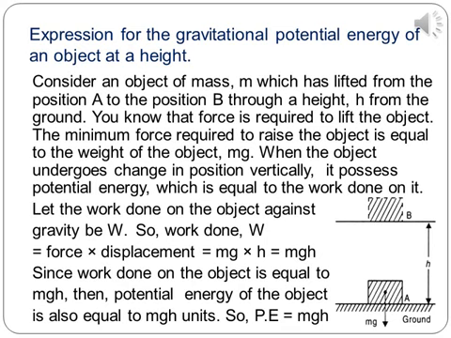Since force is equal to mass into acceleration, and here acceleration is due to gravity g, the work done W is equal to m into g into h, which is mgh. Since work done on the object is equal to mgh, the potential energy is also equal to mgh. So, PE is equal to mgh.